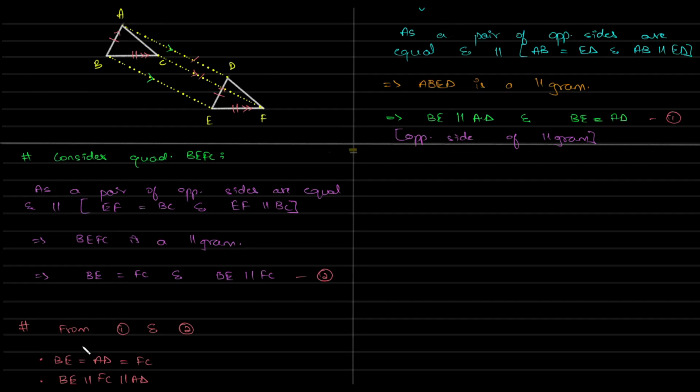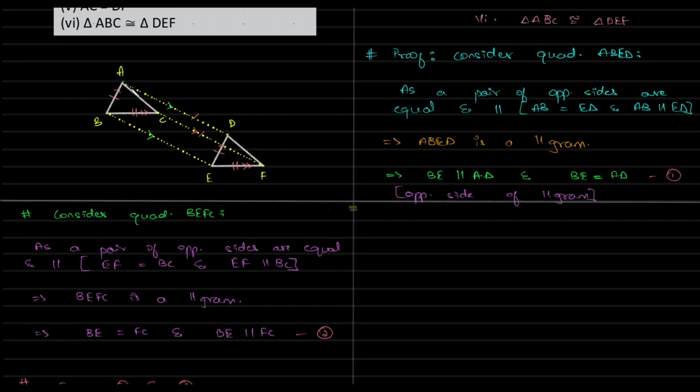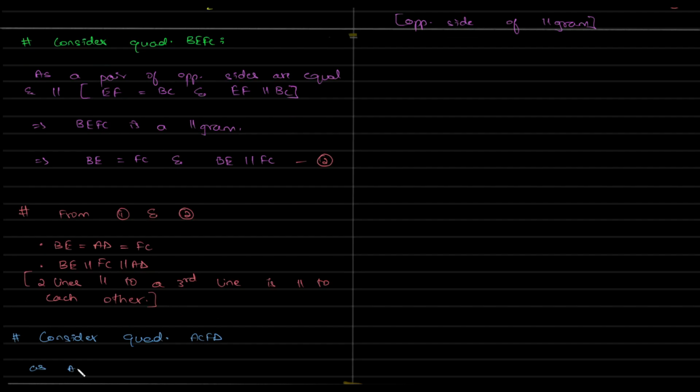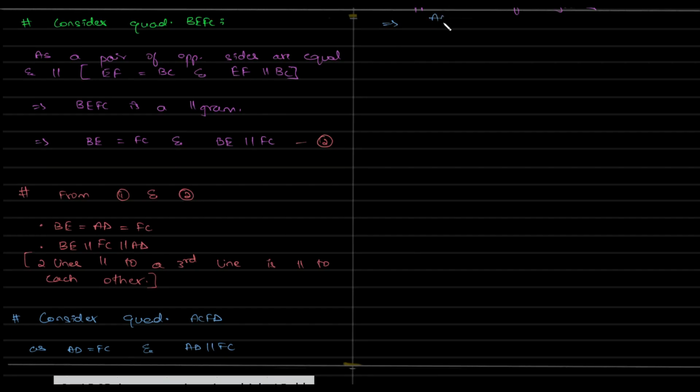Let me have a look. AD is equal to FC and AD is parallel to FC. This implies ACFD is a parallelogram. We have written the reason 2 times, so that's enough. It's a parallelogram.